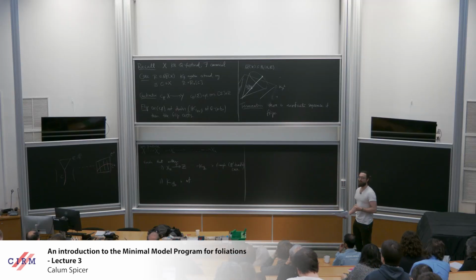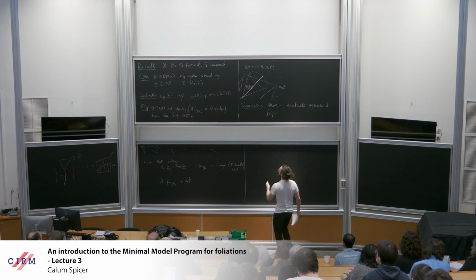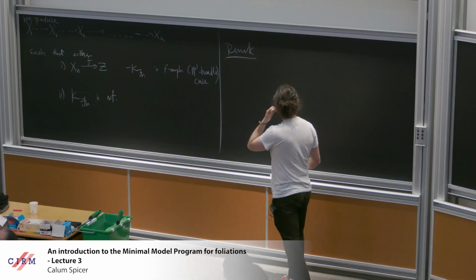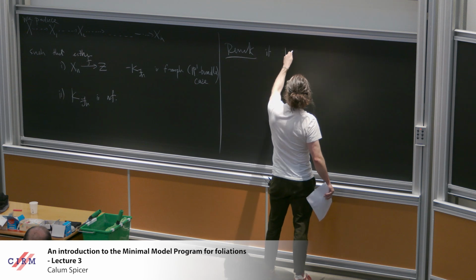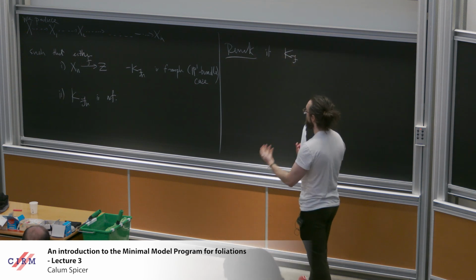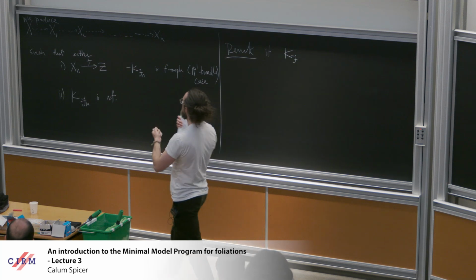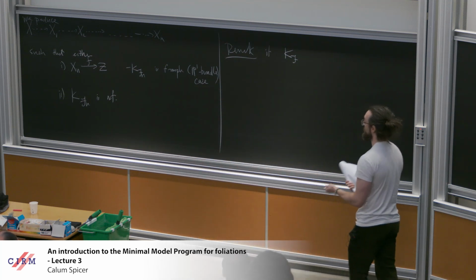Okay, so this is a quick recap of what we talked about on Tuesday. I'll make a few quick remarks before I go on. So remark one: just as we knew in the case of surfaces, we could tell at the very beginning which possibility we would end up in by looking at the universal cover of the leaves.